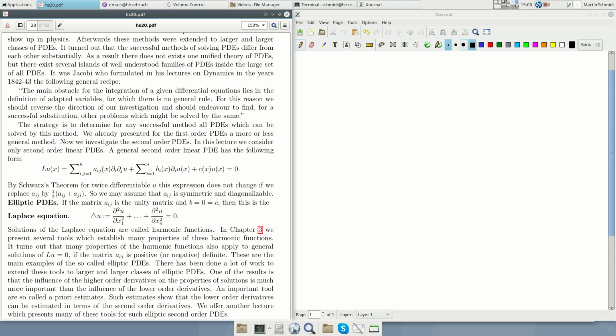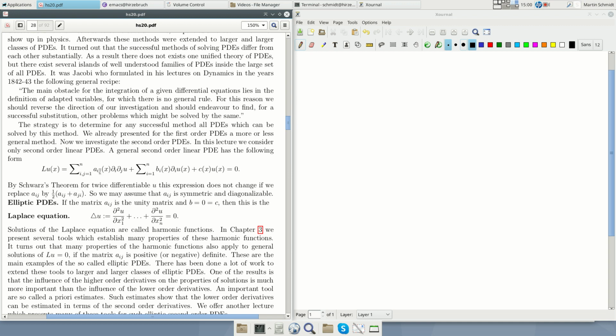Later, it turned out that all these properties and methods which we shall derive for the Laplace equation can be generalized to more general situations, namely to the situation where the matrix A_ij is positive or negative definite.